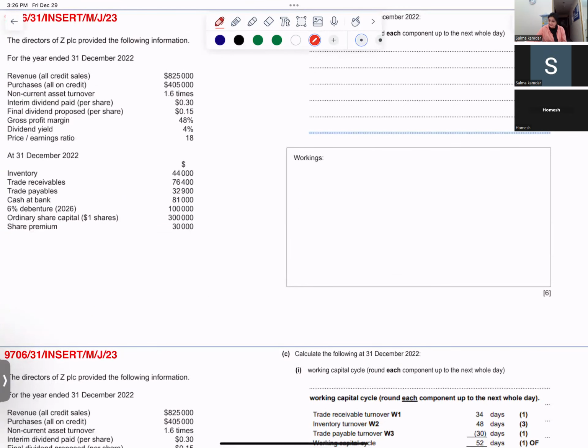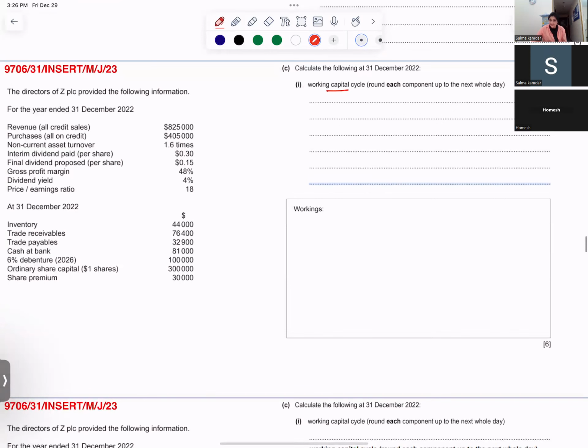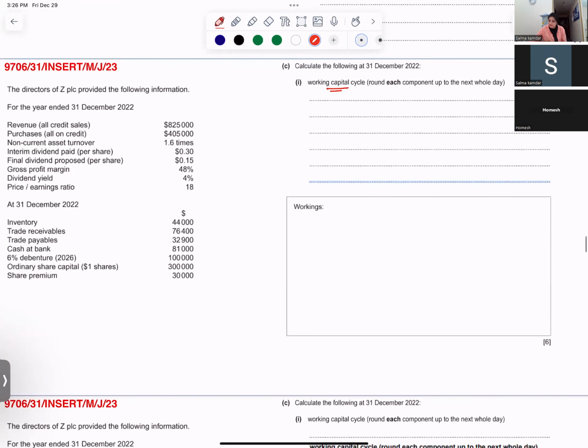Now, working capital cycle. What is the formula for working capital cycle? The working capital cycle is trade receivable turnover plus inventory turnover minus trade payable turnover.